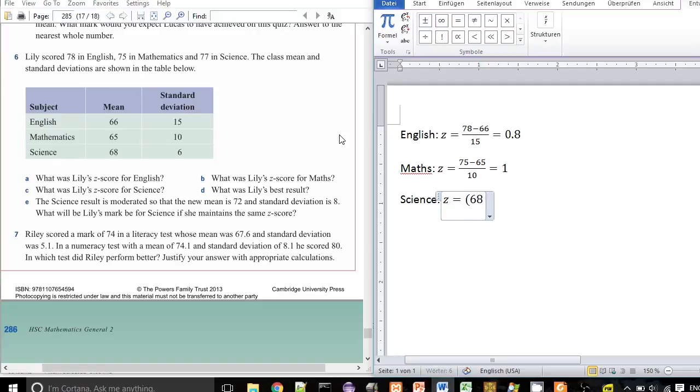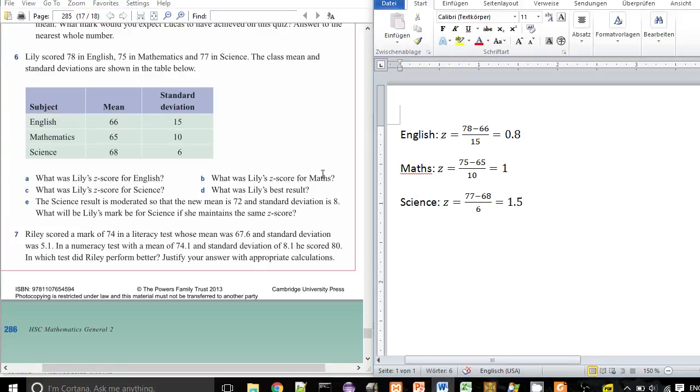So she got 68. Oh no, she got 77. So see, it's always like this, students getting really good marks. Okay, so she was 9 marks above, compared to 6 is 1.5. By all means use the calculator. Make sure you do the top part first, before dividing by 6.